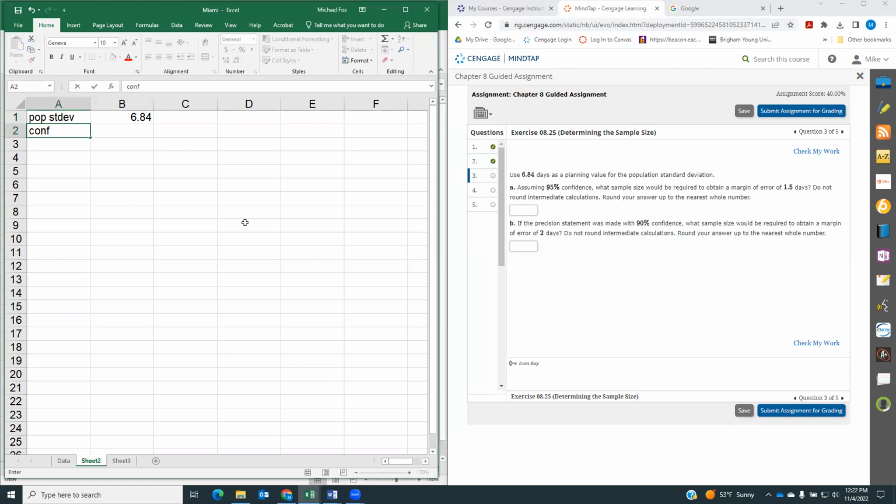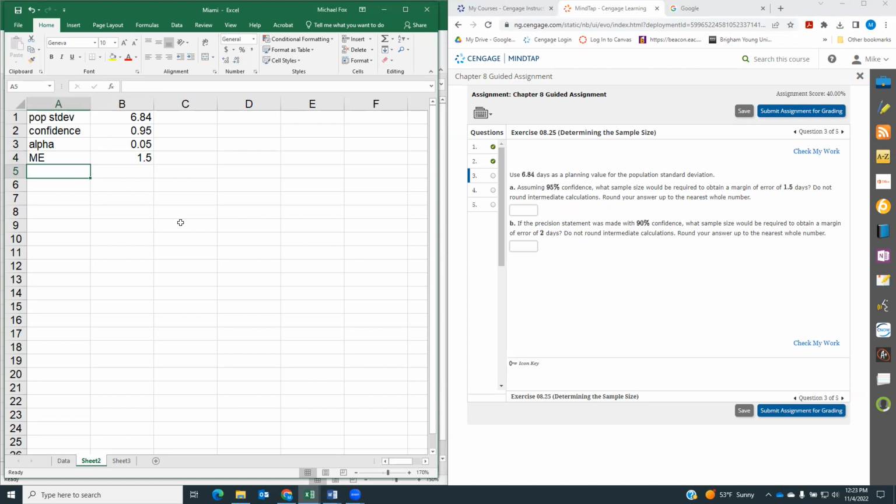We know we have confidence of 0.95, which gives us an alpha of 1 minus the confidence level, or 0.05. And then our margin of error for this first one is 1.5. So that's everything we know.